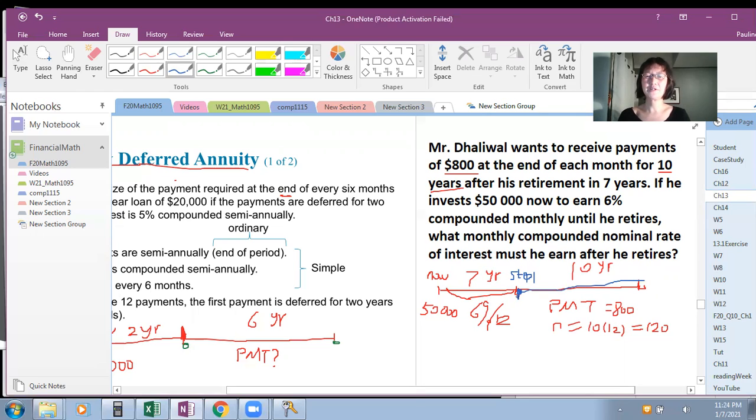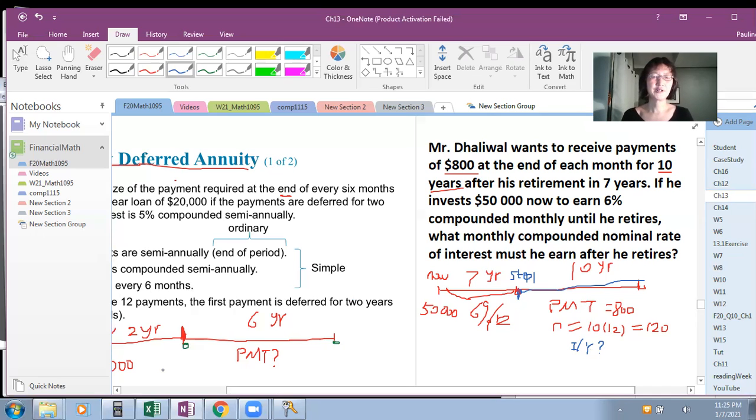You have PMT, you have N, and you can figure out the interest IY for here. So IY, the nominal rate of interest, is the question.